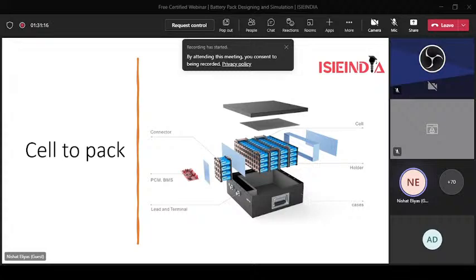Similar chemistry is one of the basic requirements for designing the pack, because if we do not select similar chemistry, like we are aligning NMC and LFP cells, LFP cells have a slower charging rate, while NMC cells have faster charging.